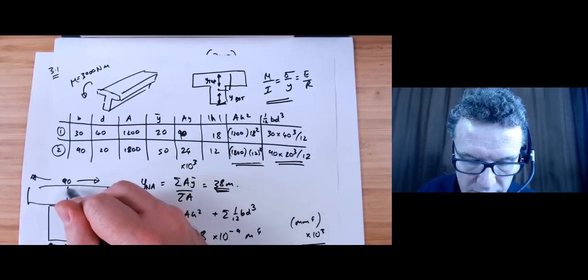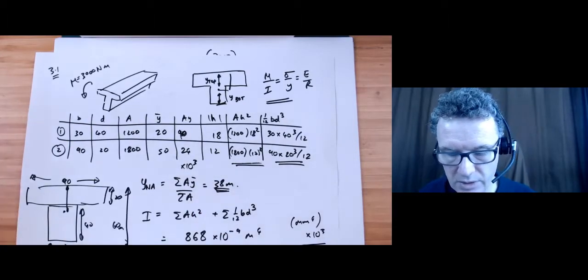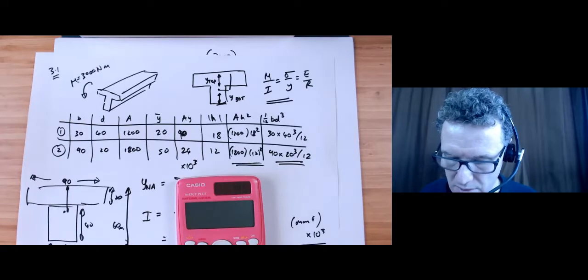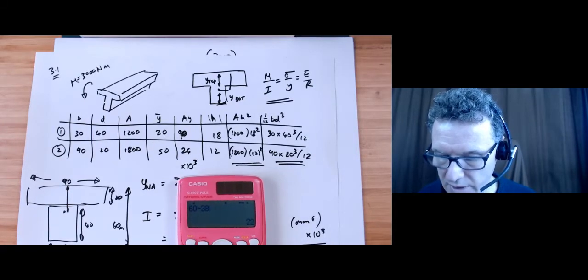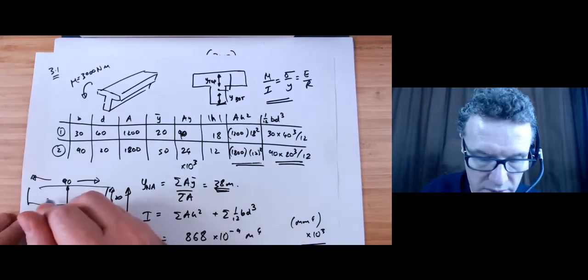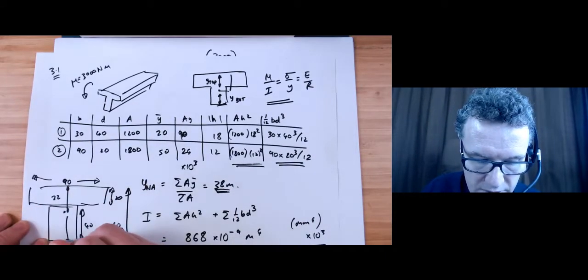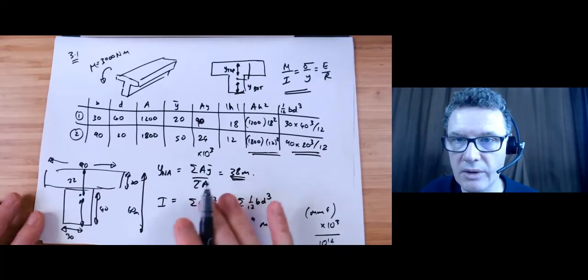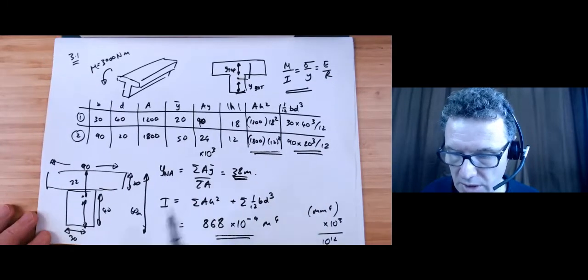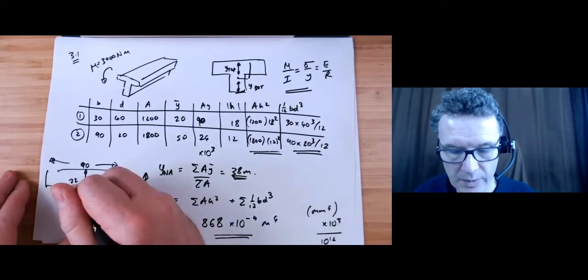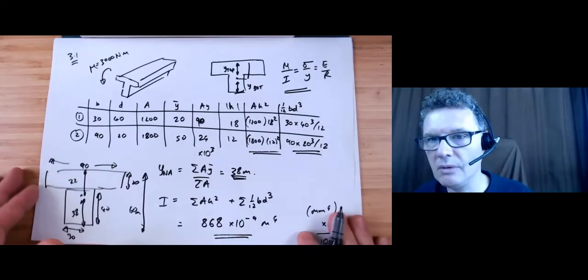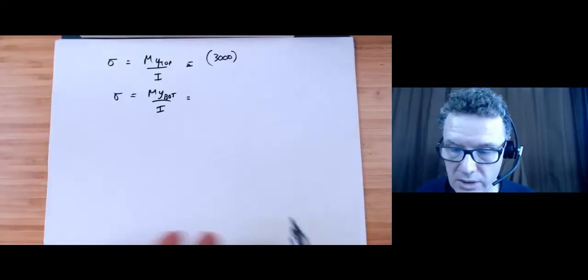So this distance here to here will be 22 millimeters, and this distance from here to here will be 38 millimeters. So there are my two Y values that I need to stick in.